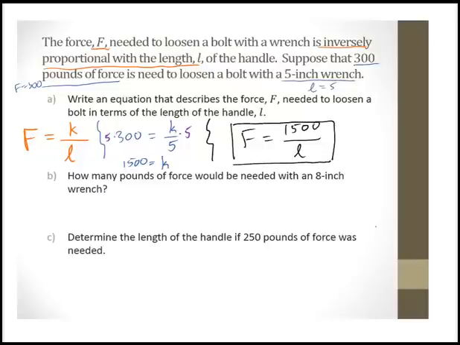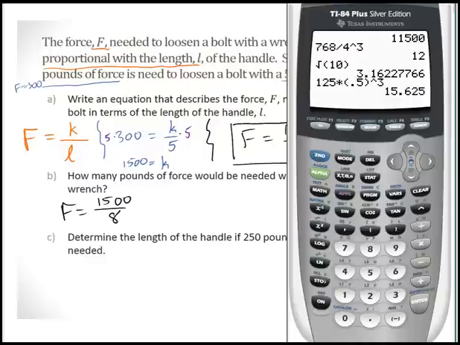Part B. How many pounds of force would be needed with an 8-inch wrench? So if I increase the length of the wrench, what happens? The force would now be 1,500 divided by 8. Well, I'm dividing by a larger number, right? Originally I was dividing by 5, and it took 300 pounds of force. Now I'm dividing by a larger number, 1,500 divided by 8, 187.5.